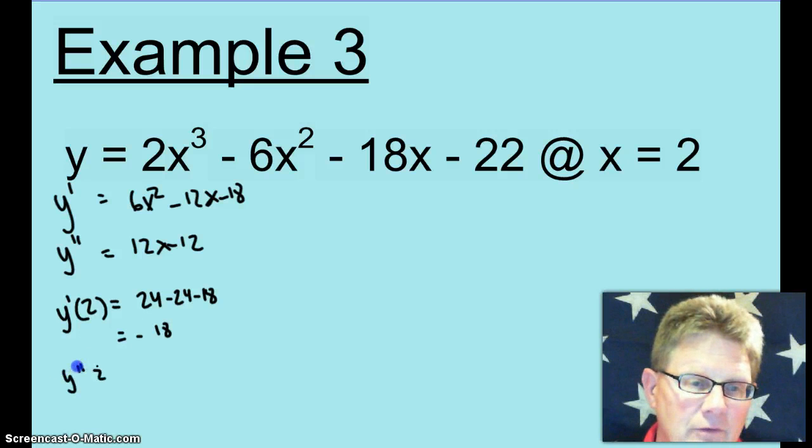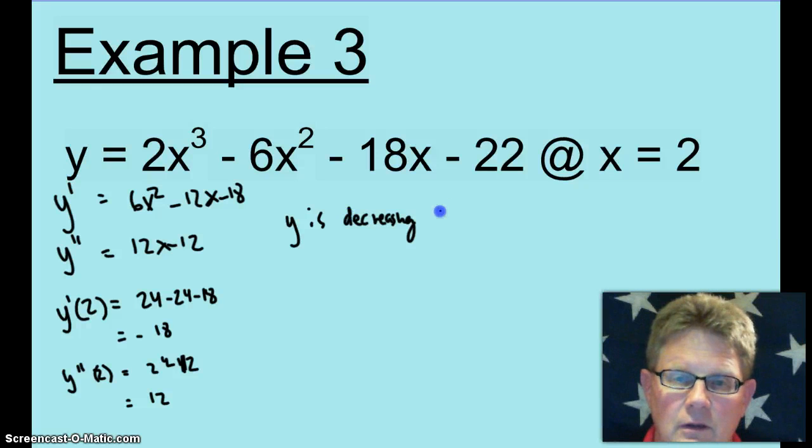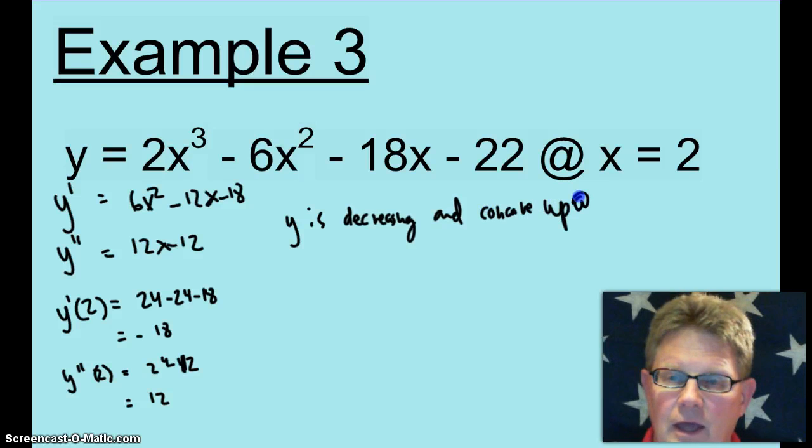And y double prime of 2 would equal 24 minus 12. No, not 1/2, 12. That would equal 12. So y is decreasing, and since the second derivative is positive, concave up at x equals 2.